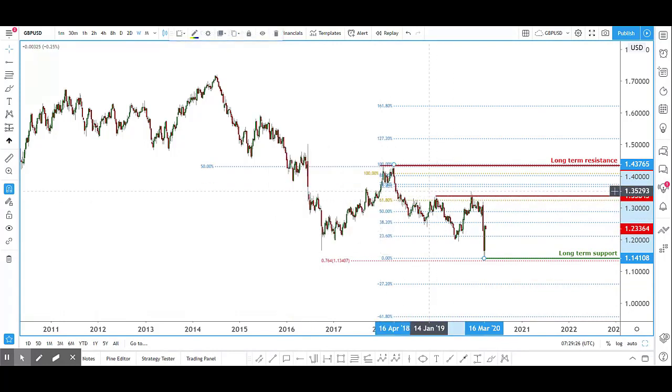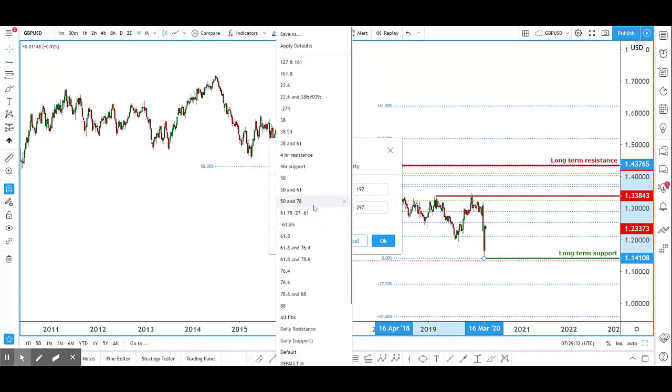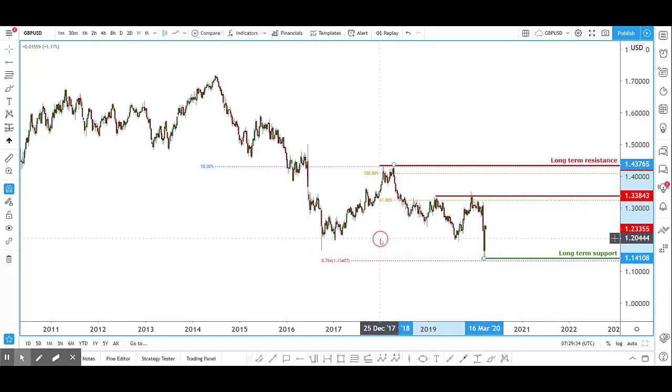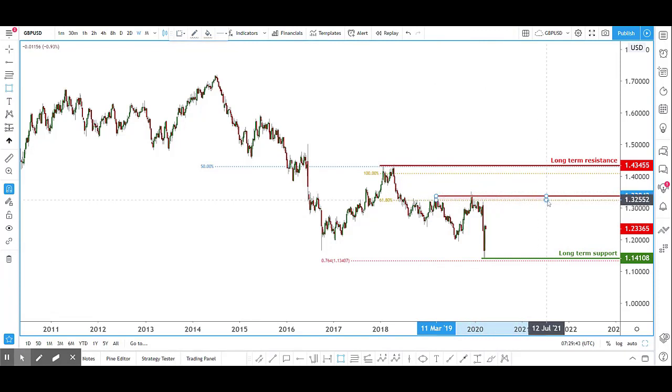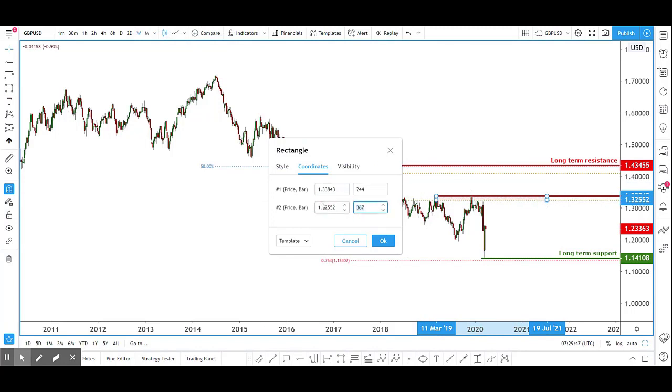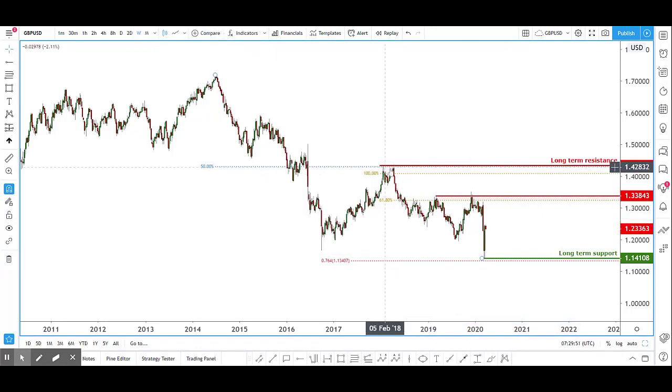And we can see that if I do a retracement, this graphical level here is actually a 61.8% retracement. So I can just leave it there, highlight it, and it seems like this is sort of a small zone, right? Likewise, this long-term resistance level is also sort of a zone.